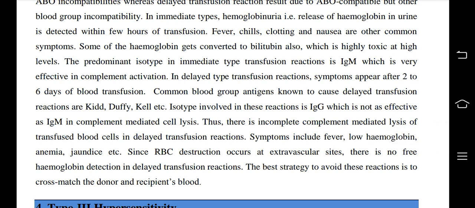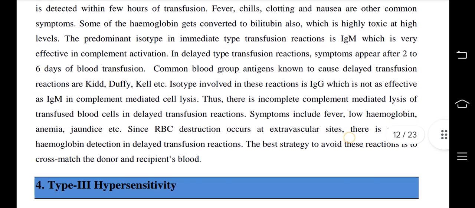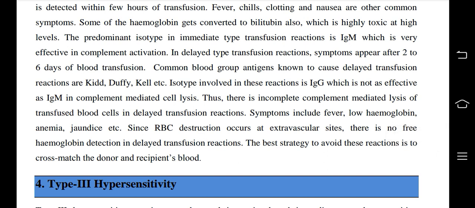In delayed type transfusion reaction, symptoms appear after 2 to 6 days of blood transfusion. Common blood group antigens known to cause delayed transfusion reactions are Kidd, Duffy and Kell, etc. The isotype involved in these reactions is IgG, which is not as effective as IgM in complement-mediated cell lysis.